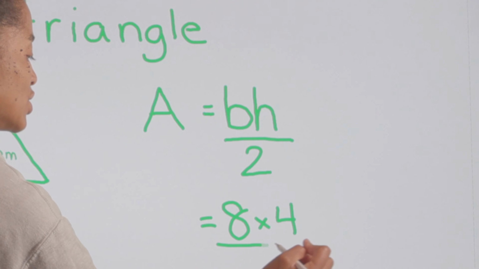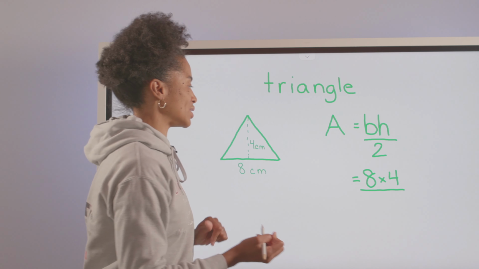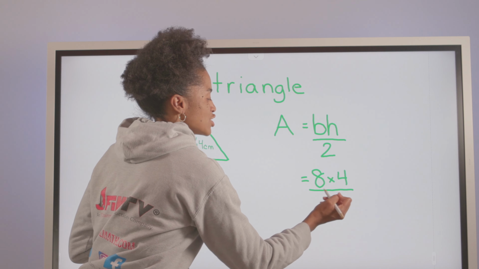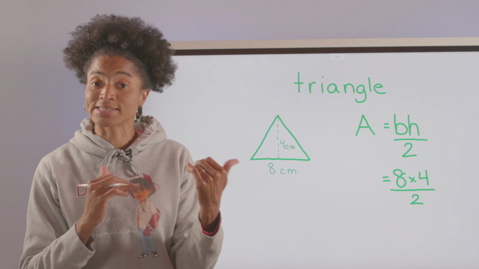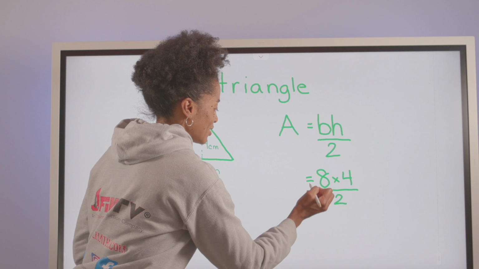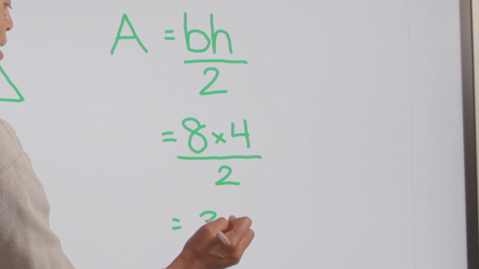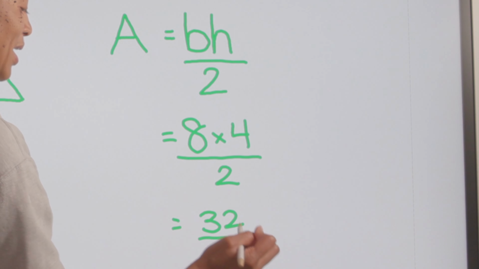Everything looks the same. We just want to replace the variables with what they equal inside of the two-dimensional figure. And so we divide by 2. Our next step is to figure out what is 8 times 4. We know that to be 32. So I'm lining up my equal sign again. I'm breaking it down. 32, and that's divided by 2 as well.